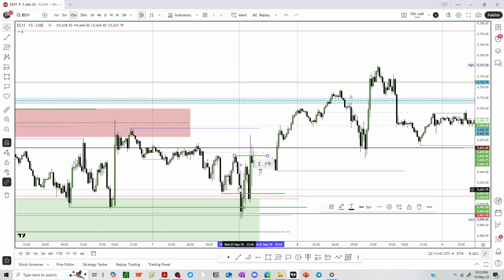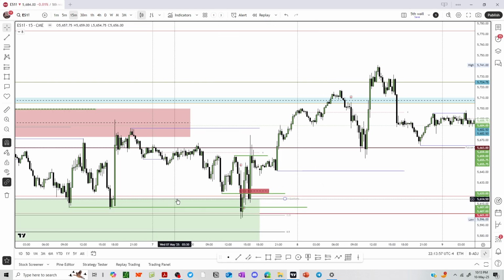Run on stops, and then you have an imbalance here, a bearish inverted fair value gap. You can see price holding in the top of this fair value gap, this 4-hour imbalance. But you also have this to support higher prices.